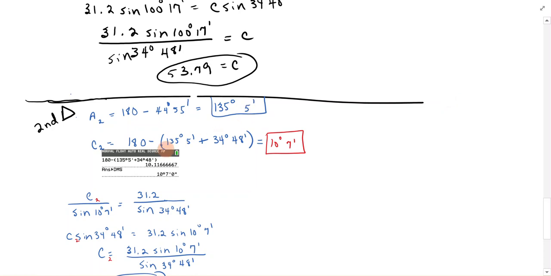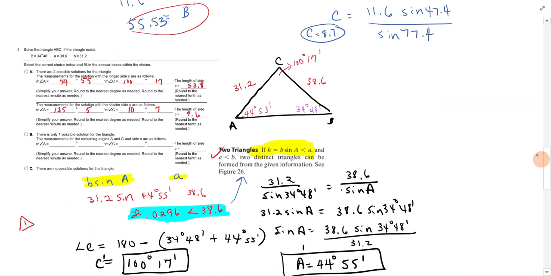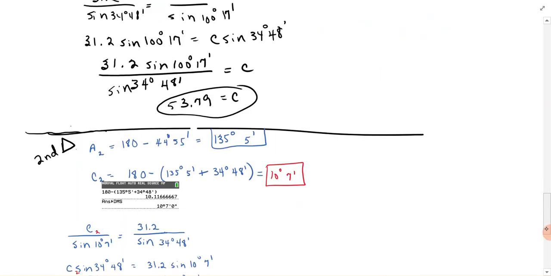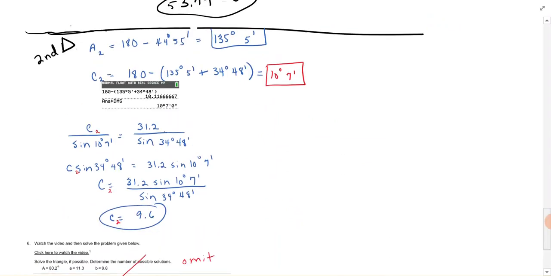So this angle A2 in our second triangle is 135 degrees 5 minutes. Then add those two, the one you're given in the initial problem and your 135.5, and subtract from 180, and you get 10 degrees 7 minutes. So if we go back up here to our answer chart, we have 135.5 and 10.7, and then we do have to find the side in our second triangle. So we find side C.